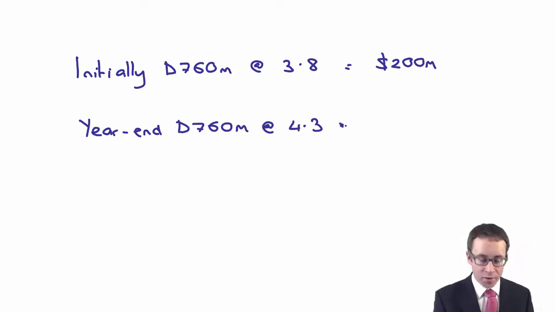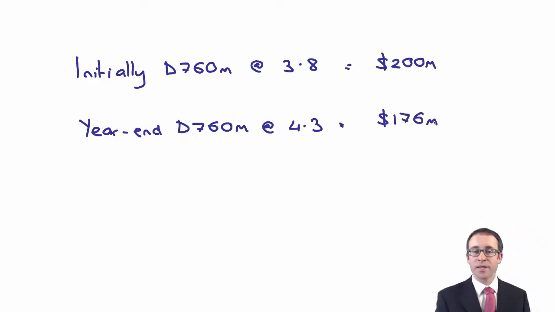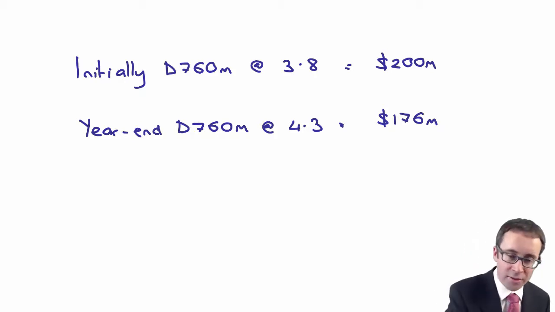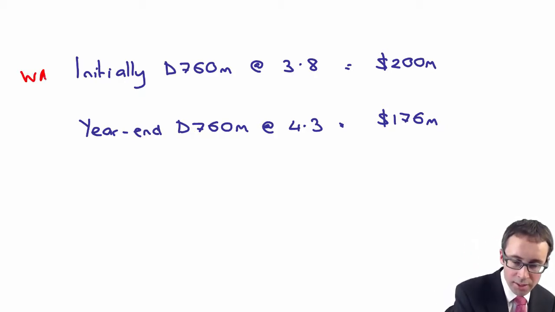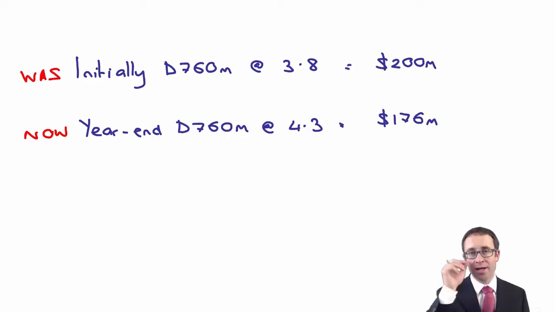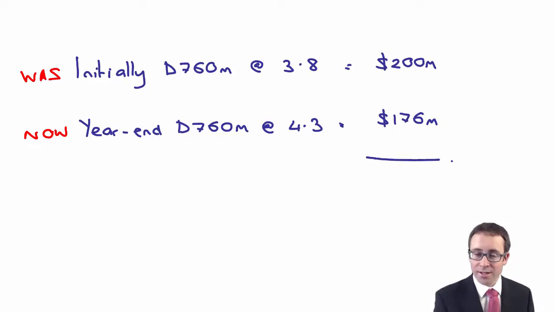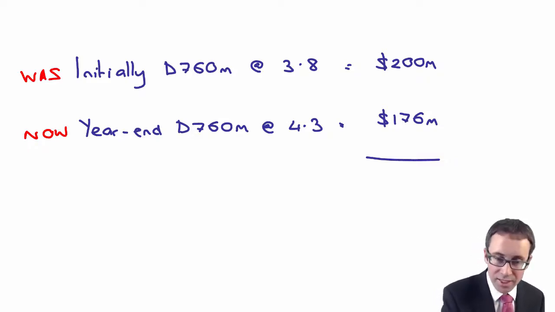If you do 760 divided by 4.3, does that give me the $176 million? Remember, this is the value of the investment, so this is what it was, this is now what it should be, so that when we eliminate it against all the assets and liabilities at the closing rate, it cancels out. So what you have there is a reduction, or should we say 177?